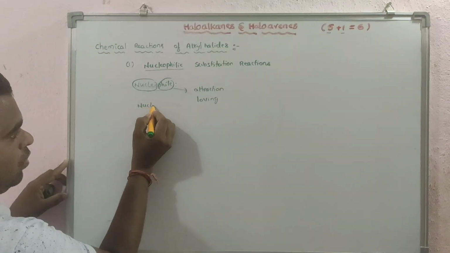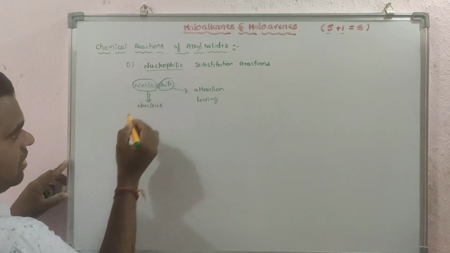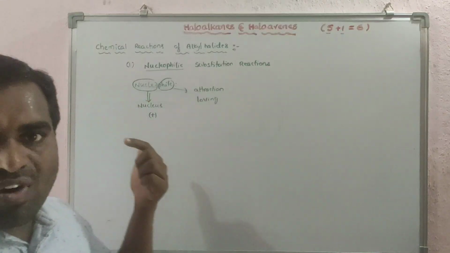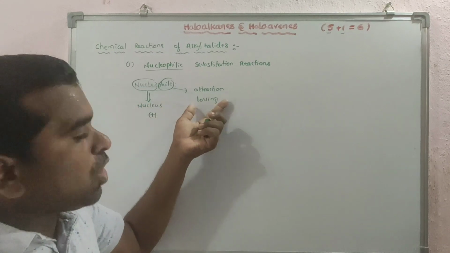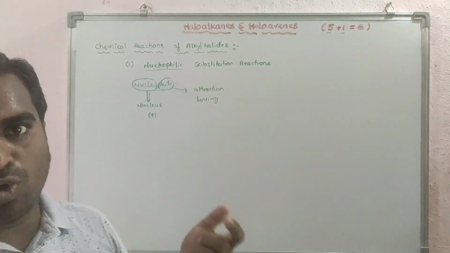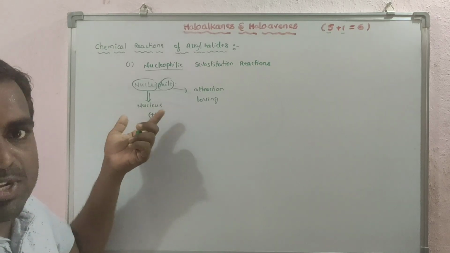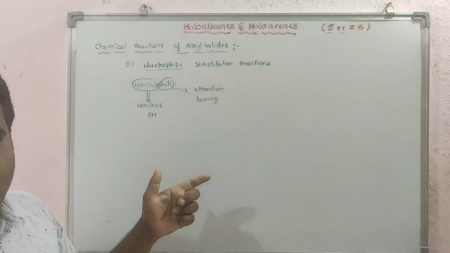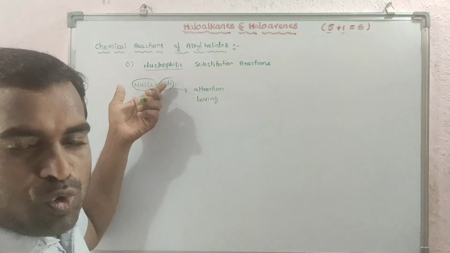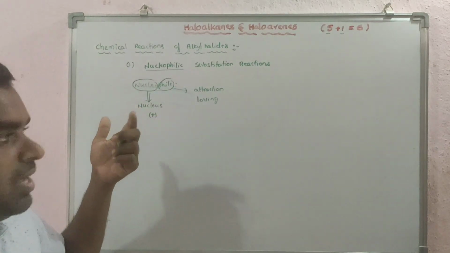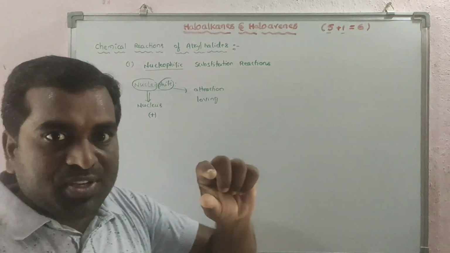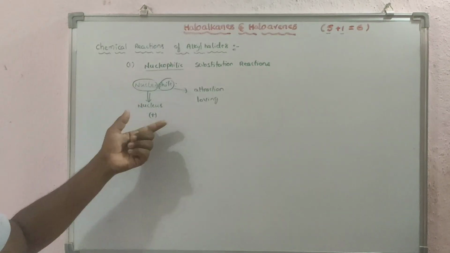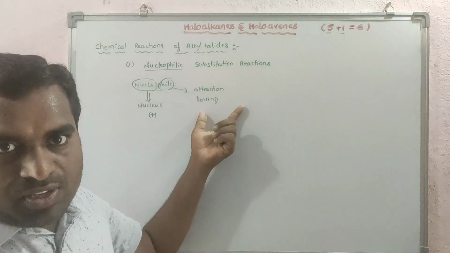Nucleus has which charge? Positive charge. So a nucleus-loving species is called a nucleophile, meaning a positive charge loving species. A nucleophile wants to make a bond with the positive charge, and the species with the positive charge we call an electrophile. So the nucleophile loves the positive charge center.